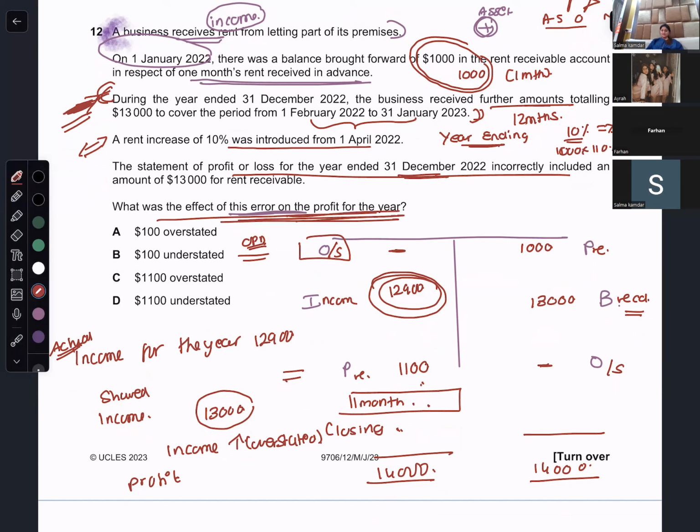If income is overstated, then profit will also be overstated, right? Yes. By how much? So 100. Okay, so the answer is A.